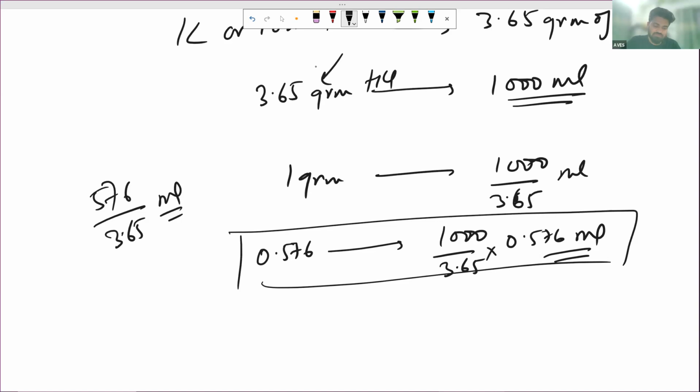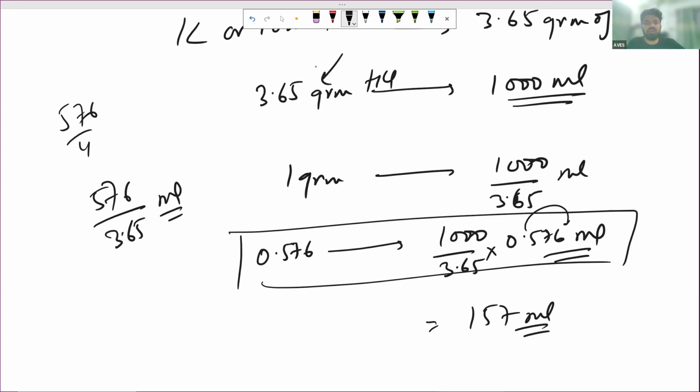So it's 15.7. No, it should be greater. You are dividing this number by approximately 3.5 or 4. If you even divide this number by 4, you will get more than 100 something. When you multiply, the decimal shifts by 3 digits, so it's 157.8.